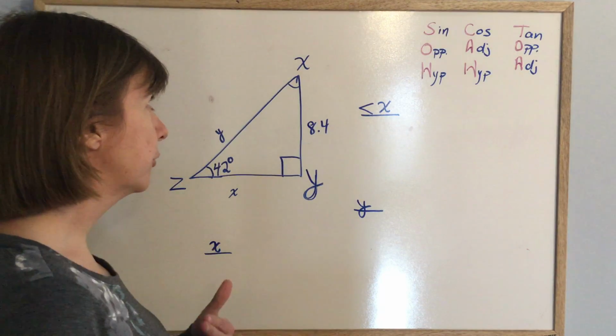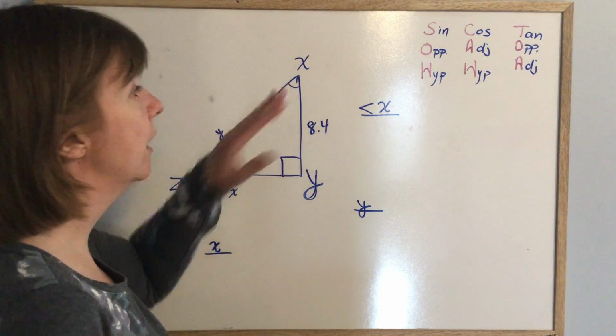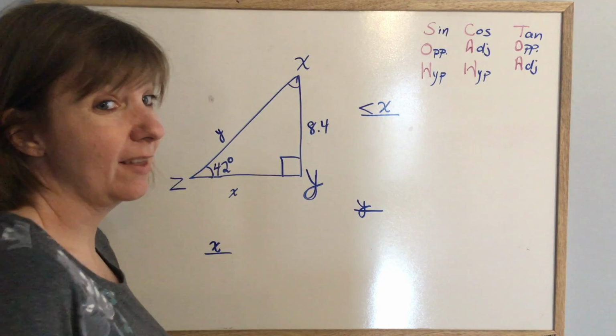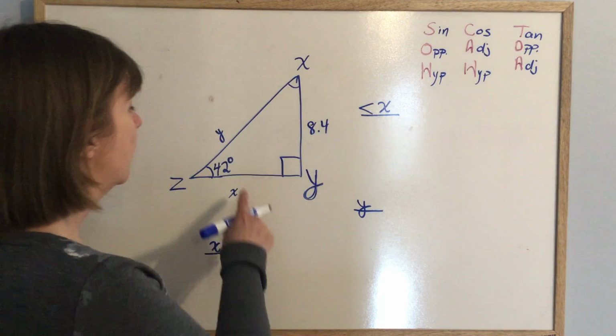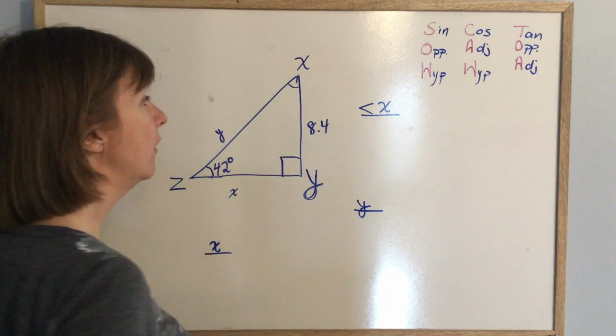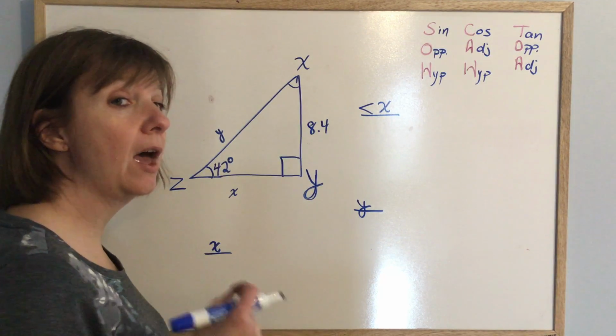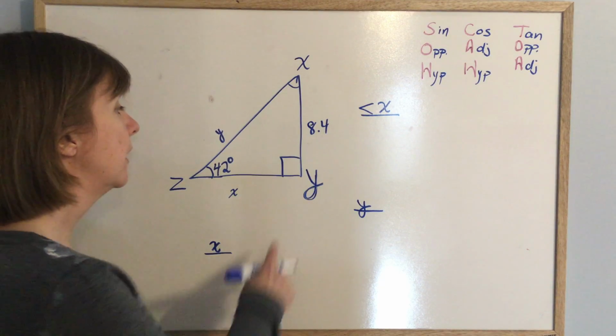So if this were a question given to me, the first thing I would do is find angle X, because I think it's the easiest one to find. I know that all angles in a triangle have to add up to 180 degrees.